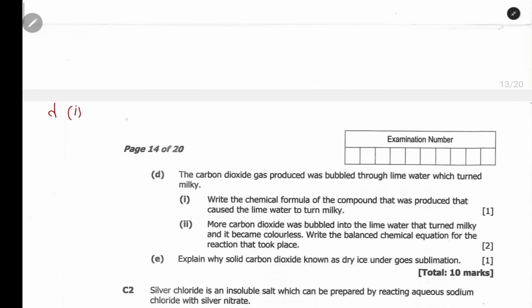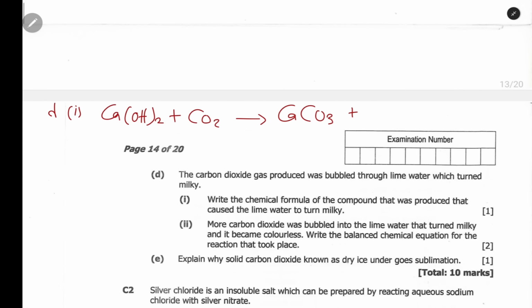We are looking at calcium hydroxide reacting with carbon dioxide, resulting in calcium carbonate, which forms a white precipitate, plus water.